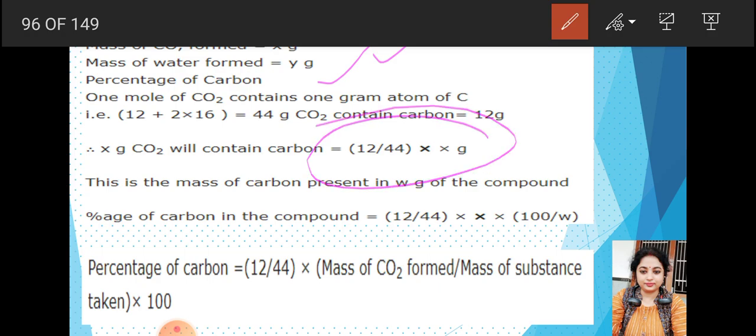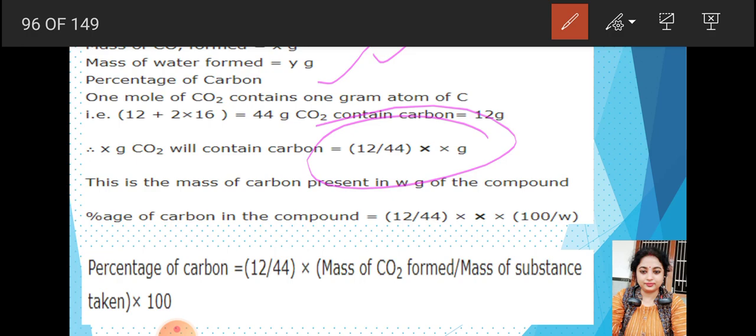This implies that W gram of the organic compound contains this much, 12 by 44 into X gram, of carbon. Percentage of carbon in the compound is 12 by 44 into X by W, where W is your organic compound, into 100.